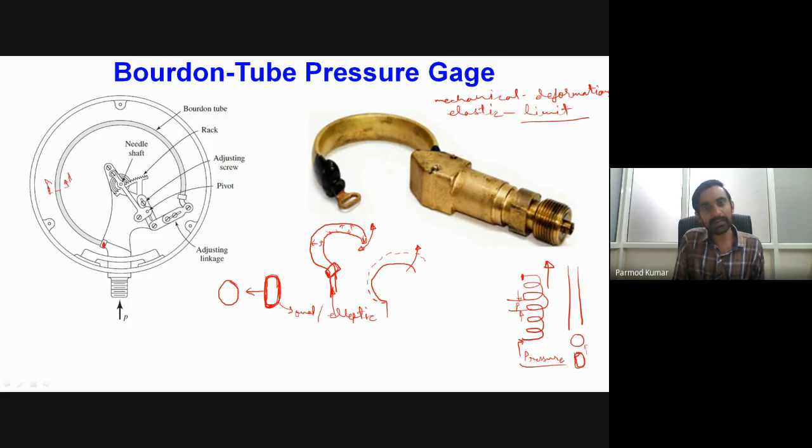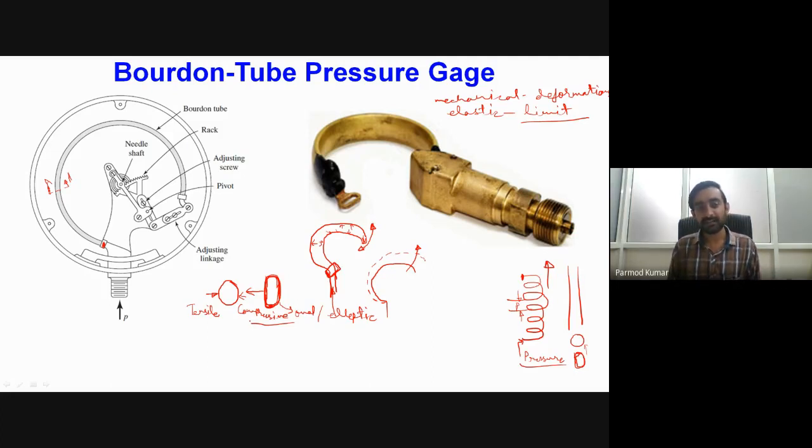While this cross section changes from oval shape to circular shape, the outer surface of the tube will be subjected to tensile stresses, and the inside surface of the tube will be subjected to compressive stresses. Okay, so that is another stress formation inside the tube material, and these stresses, outside tensile and inside compressive, are generated because of the change in cross section of the tube.